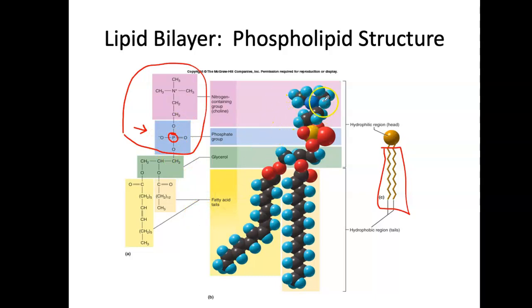And up here it also has a nitrogen containing group. But really what I want you to know is that it has this phosphate. And the important thing is that this phosphate has a negative charge to it. See it right there?